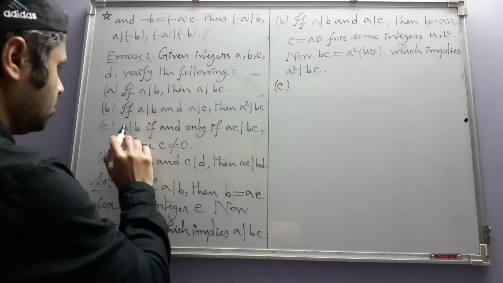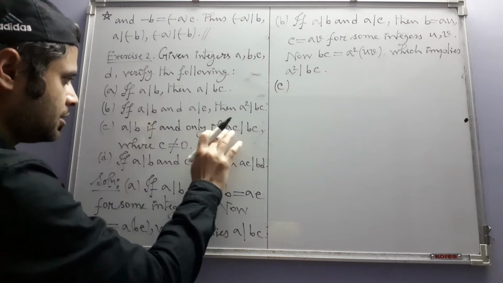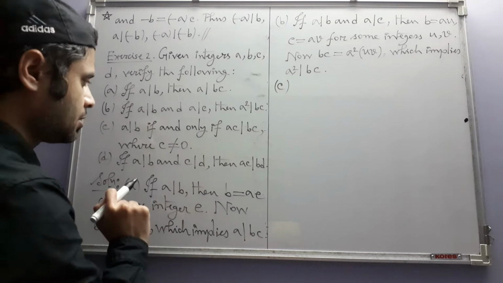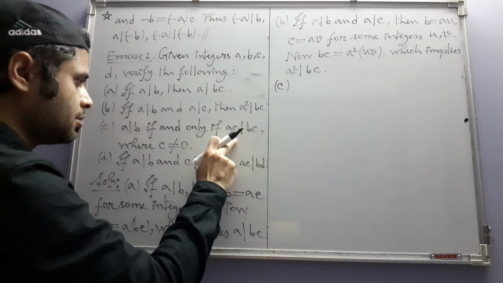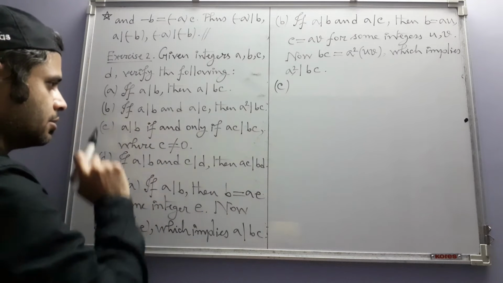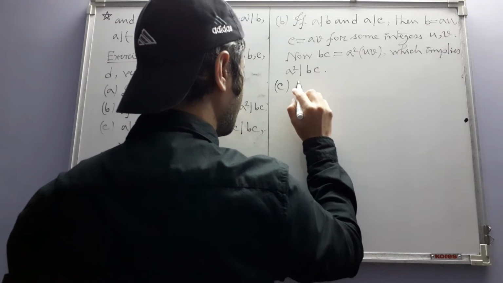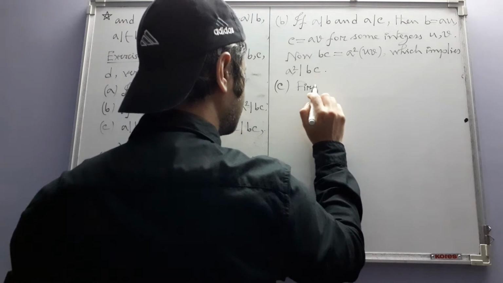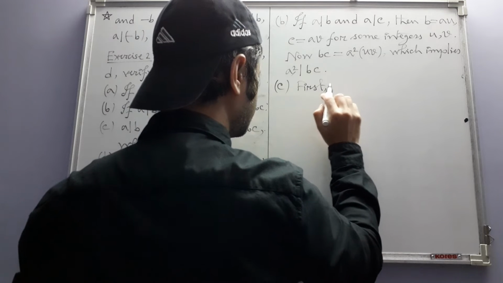Then part C. This is an if and only if statement. This implies this and also this implies this. So that means we have to prove two things.